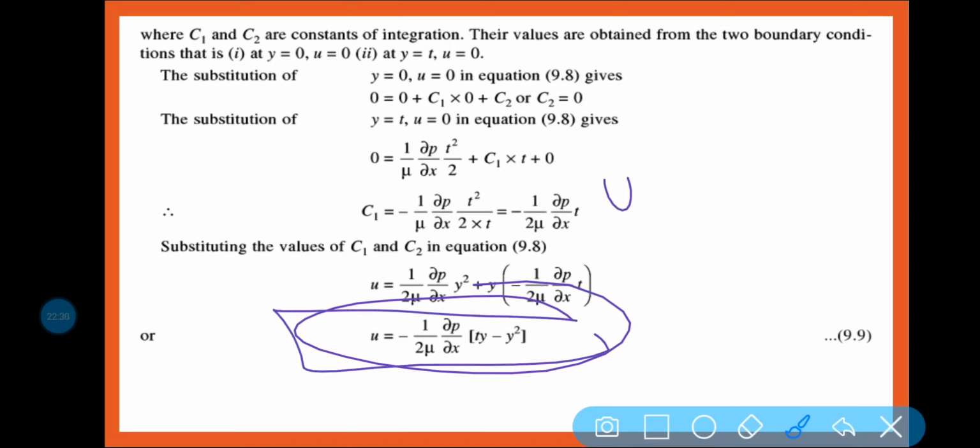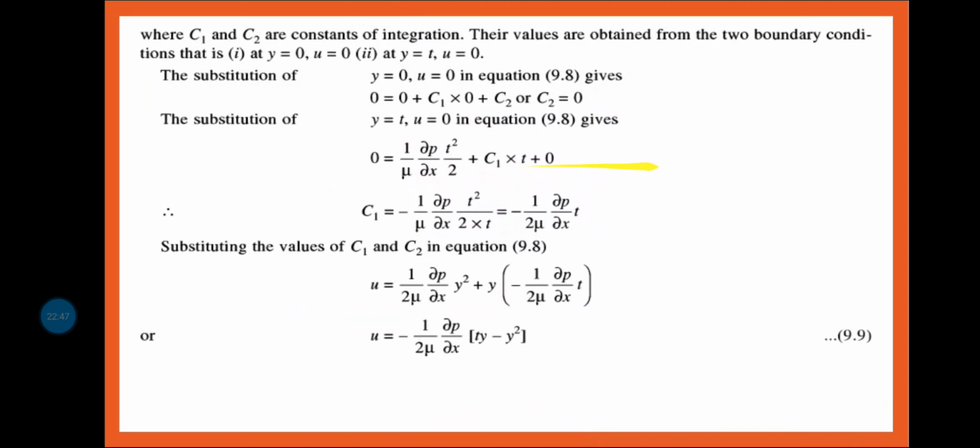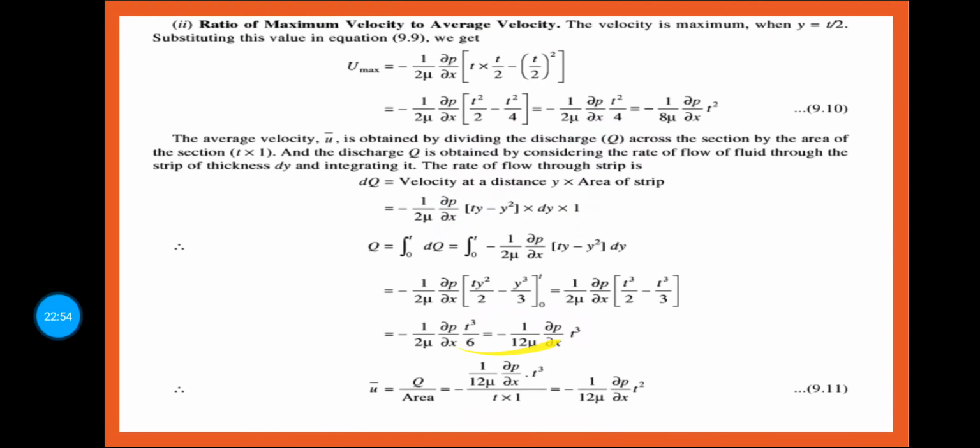If you want to find the maximum velocity, then y should be t by 2. Already I have got this from the velocity distribution diagram: the maximum velocity will occur at y equal to t by 2. So put y equal to t by 2 here, you will be getting the maximum velocity. Very simple. Only one formula you need to remember.